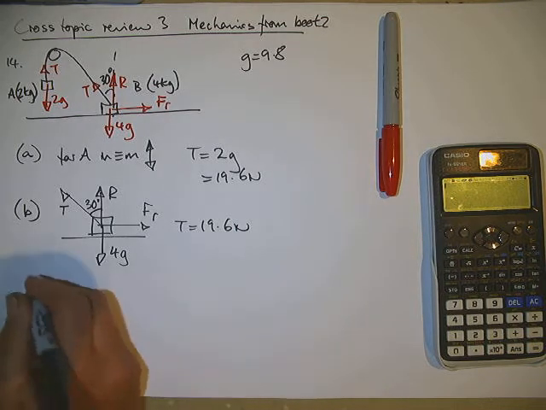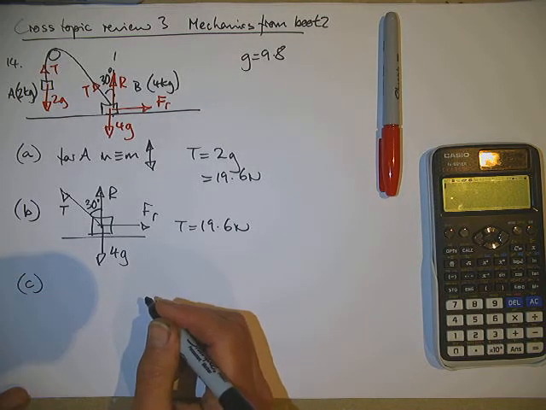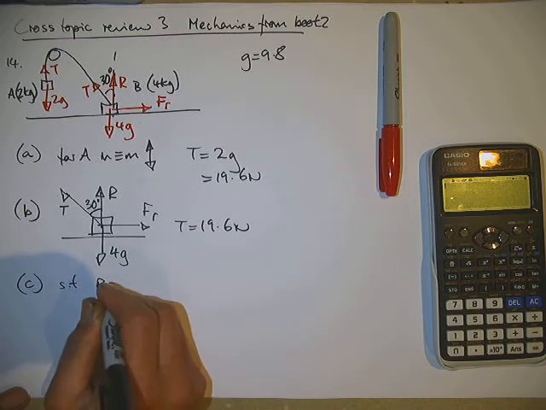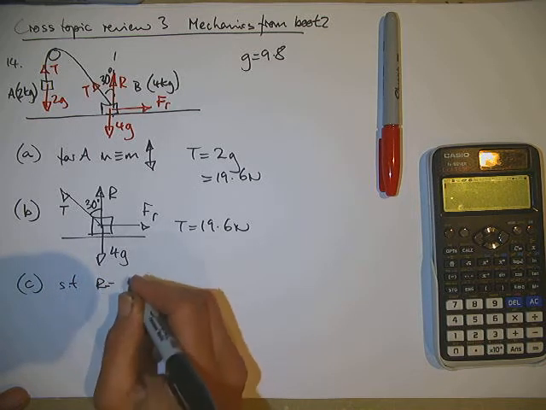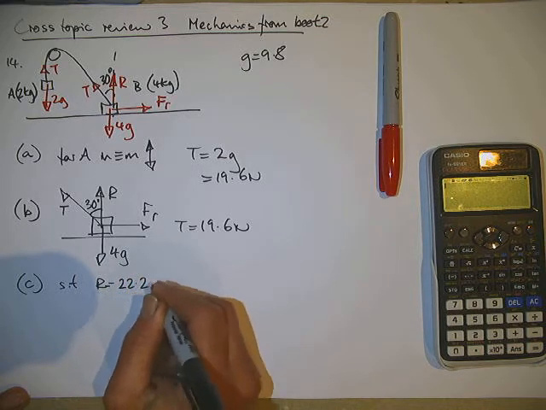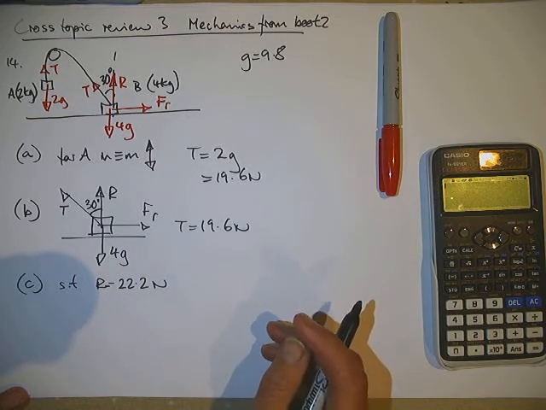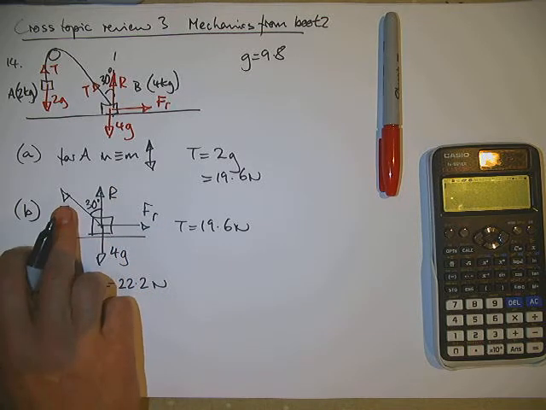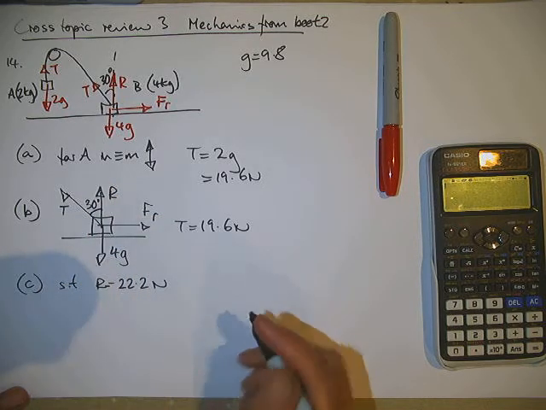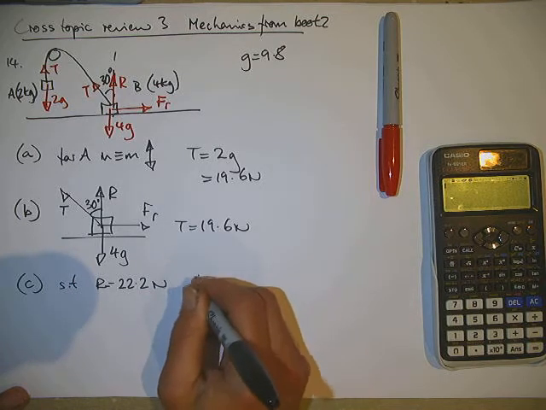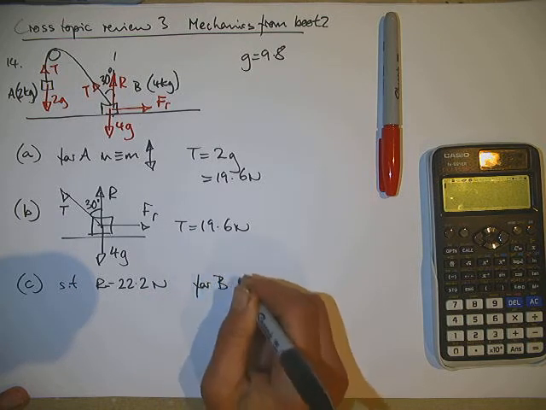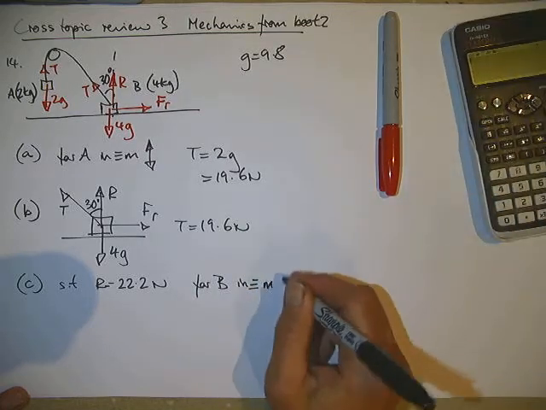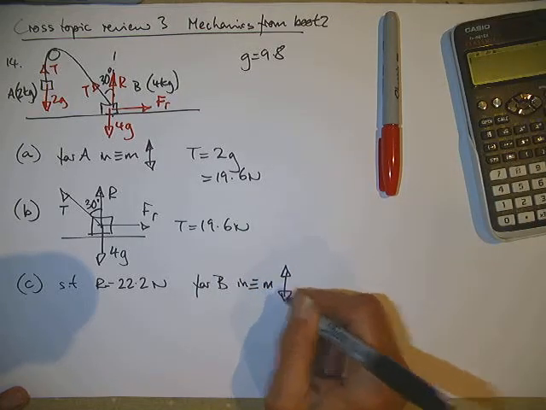Part C. Show that the normal reaction is 22.2 newtons. Right, how are we going to do that? The normal reaction acts vertically. We know the tension, we don't know the friction. For B, it's in equilibrium, working vertically.